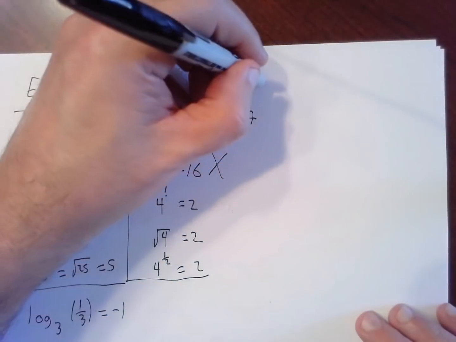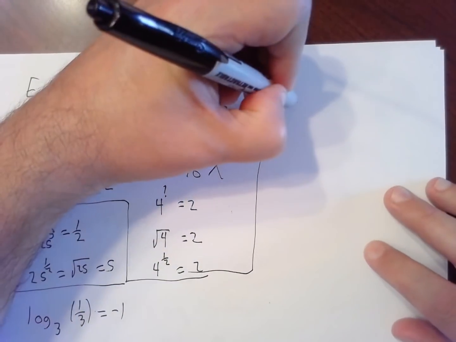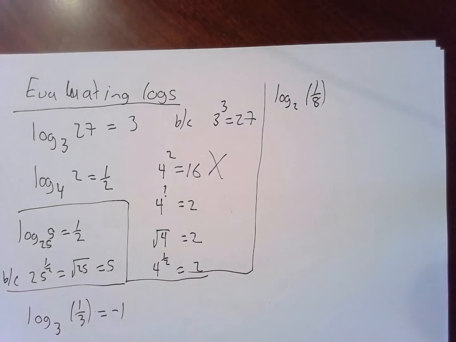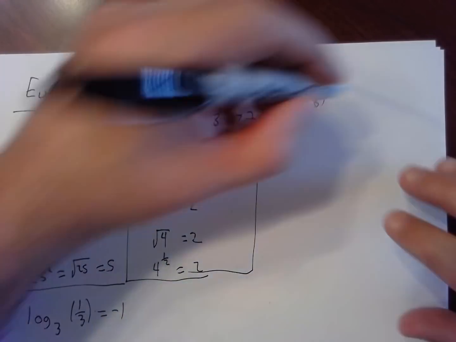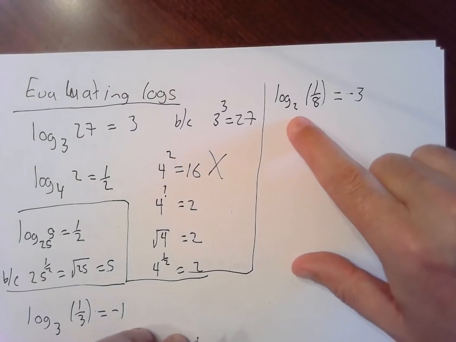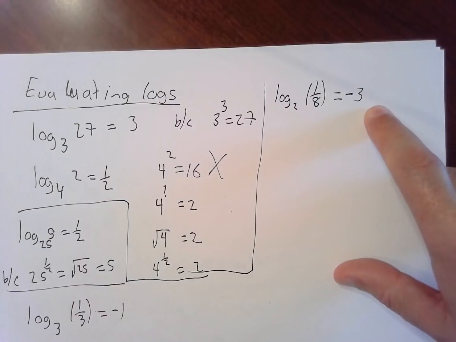Okay, let's keep going. What if I wanted log base 2 of 1/8? Well, how do you get from 2 to 8? You cube it. How do you get it down in the bottom? You make it negative. That would be -3, because 2 to the -3 power would be 1/8.